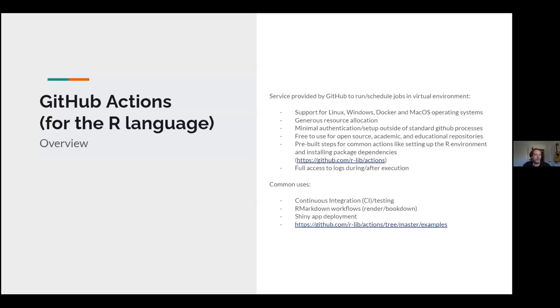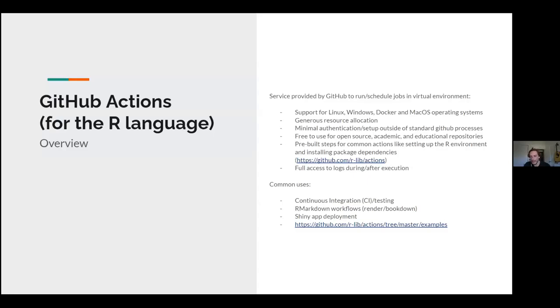So just a quick overview of GitHub Actions. We're using GitHub Actions specifically for the R language, although it supports many. It's a relatively new service provided by GitHub that allows you to run and schedule jobs in a virtual environment. It supports all of the operating systems. It has pretty generous resource allocation compared to similar services.